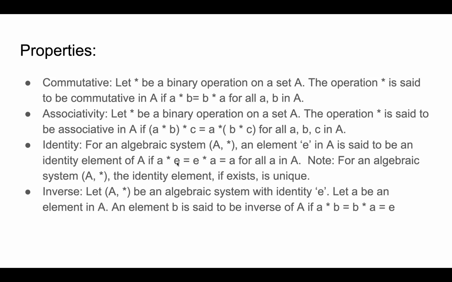If multiplied by any element, only 1 gives the same answer as the element we operate on. So from that example we can say that the identity element is unique. Only one identity element will be there if it exists.